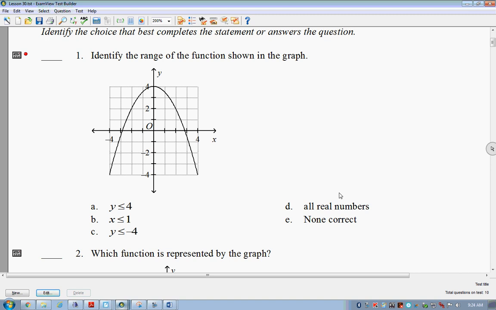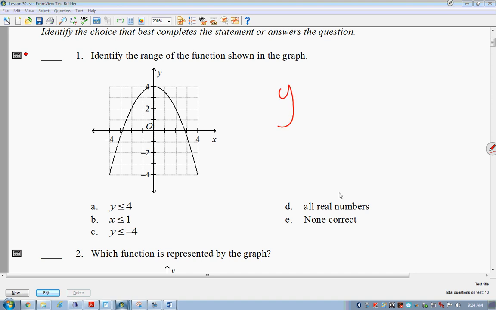Okay. So we're looking for the range. And so you'll notice with this curve, now is this a function? Yeah, because if I draw vertical lines, they all cross only just one time. Okay, so that works.